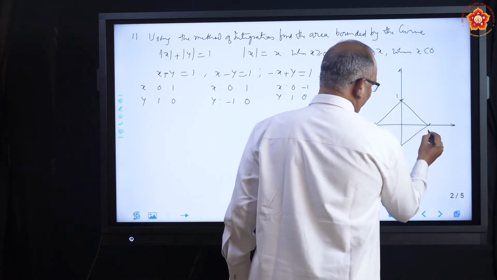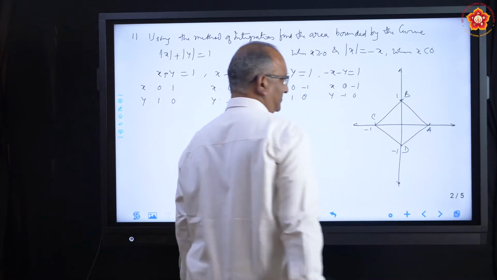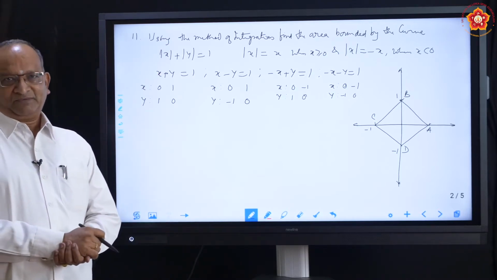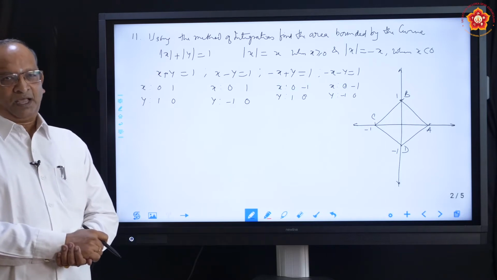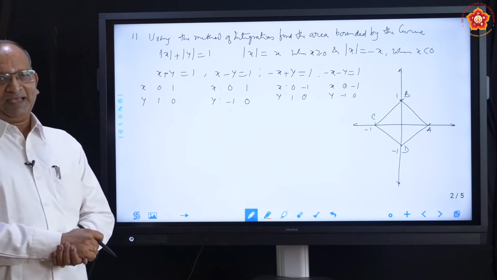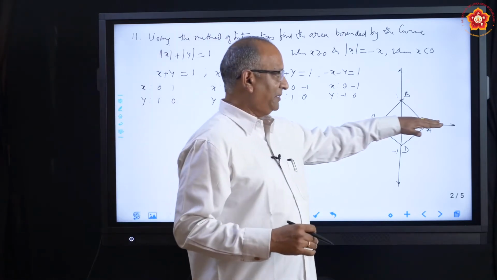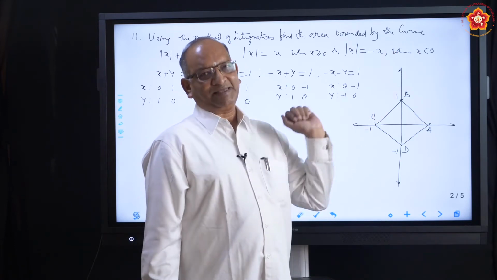You can call it A, B, C, D. More or less it is a square. We want to calculate its area. Now, since it is a square, it is symmetric with respect to the x-axis. What do you mean by symmetric? However it is above the x-axis, below also it is the same.